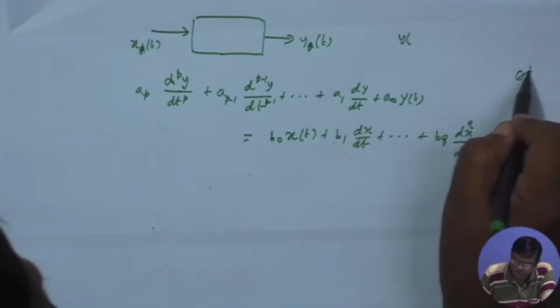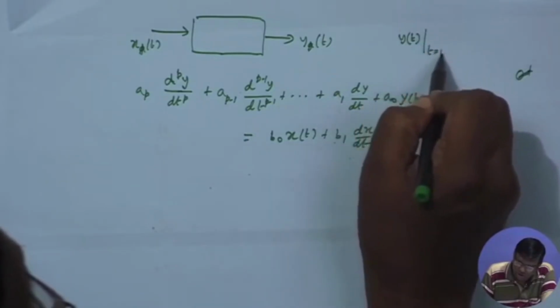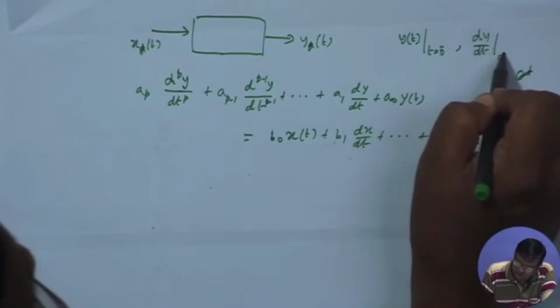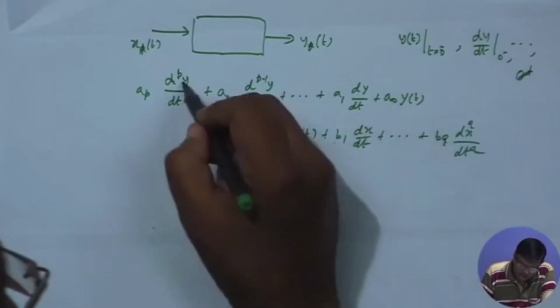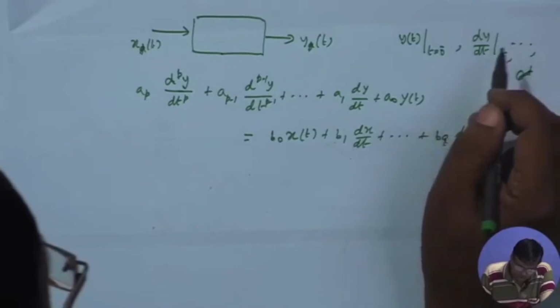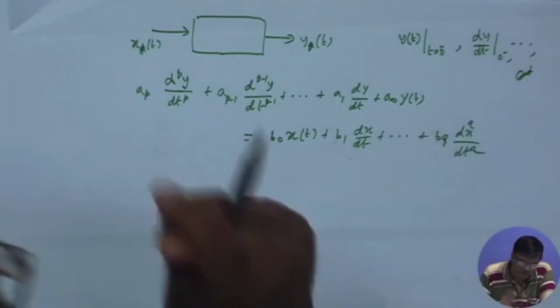And these initial conditions are given: the value of y at 0 minus, dy/dt at 0 minus, and so on up to this.